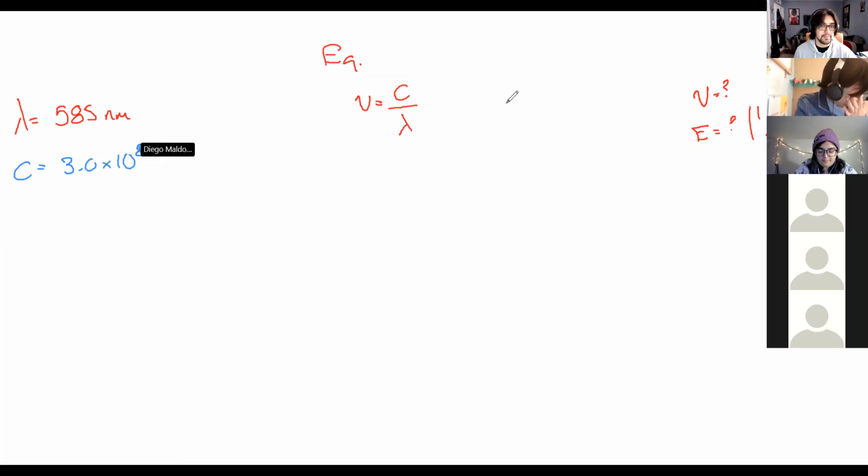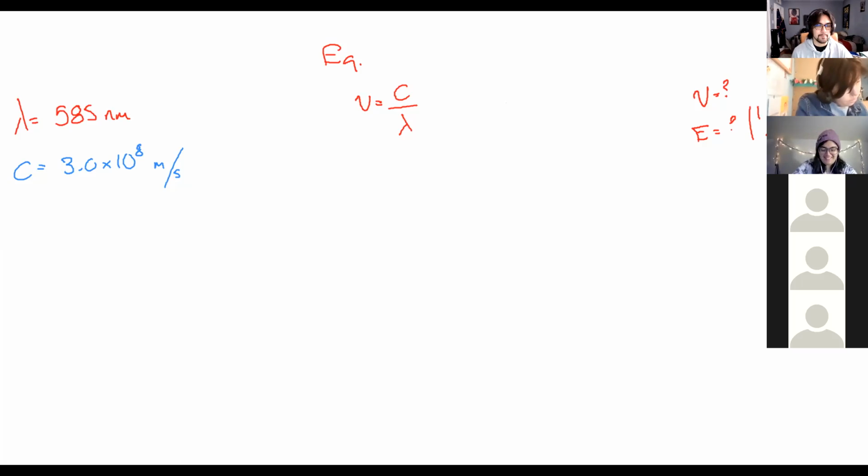And what's my unit? Meters per second, yes. Ms to the minus 1 works, that's how they type it up, you're not wrong.